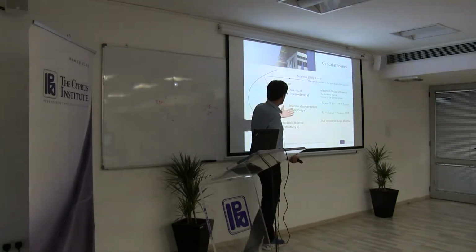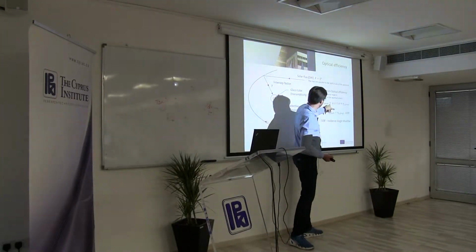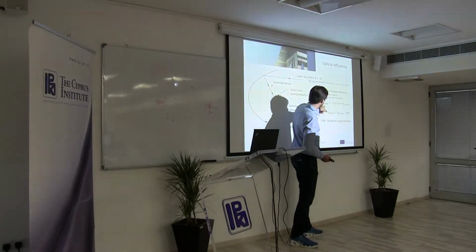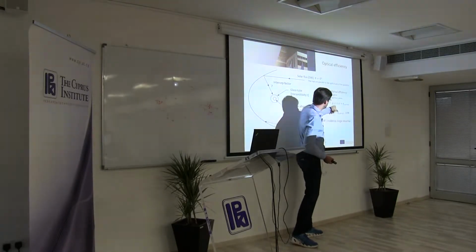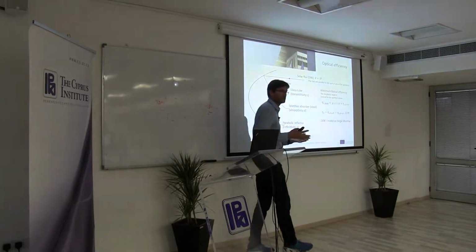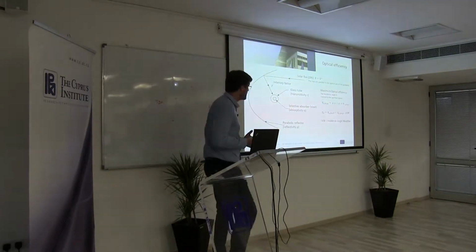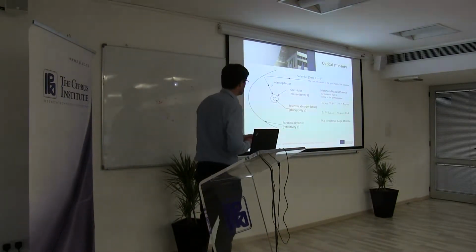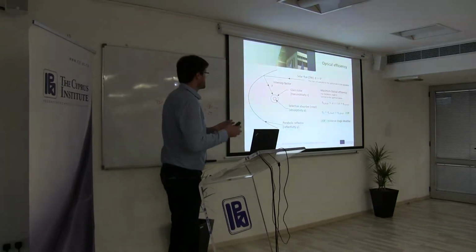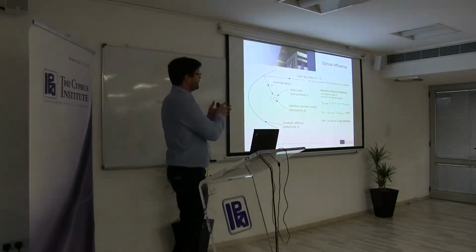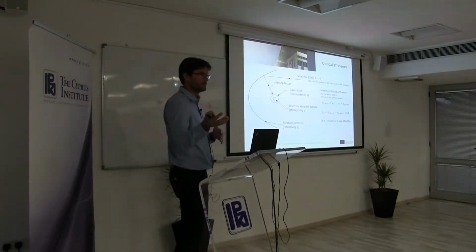Okay, so here you will have an optical efficiency, which will be the multiplication of all these factors. And we call it the efficiency with the incidence angle at 0 degree.